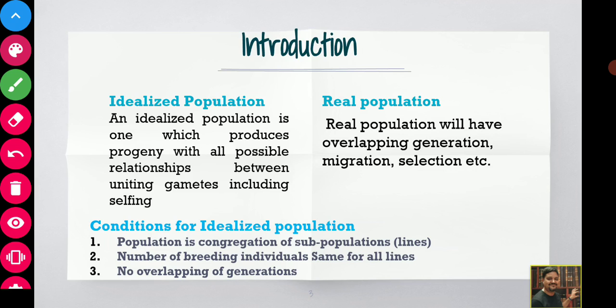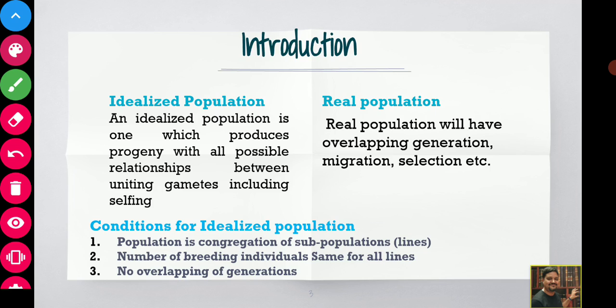In the principles of animal genetics portion, you will be studying the basic principles of animal genetics, like Mendel's laws, exceptions to Mendel's laws, monohybrid cross, and dihybrid cross. That means there you will study the inheritance pattern of a gene governing one, two, three or a few characters in a few individuals.